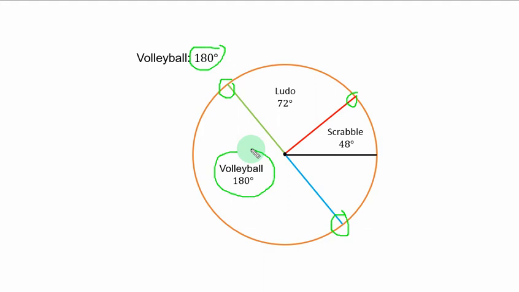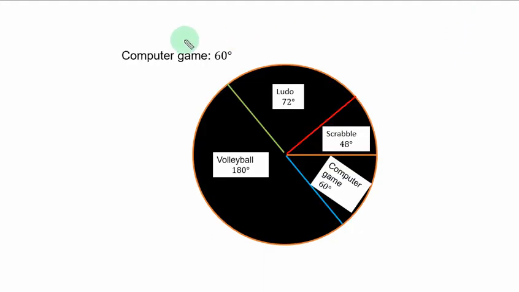If you are very correct, the remaining part will be for the last sector, that is computer game. So here should be 60 degrees if you are very correct with your measurement. So you have the last sector, computer game, that is 60 degrees.